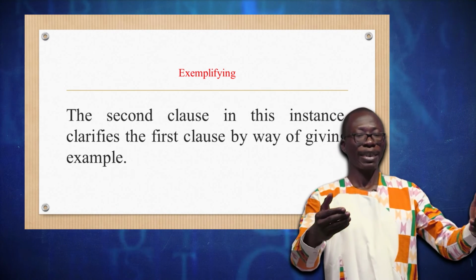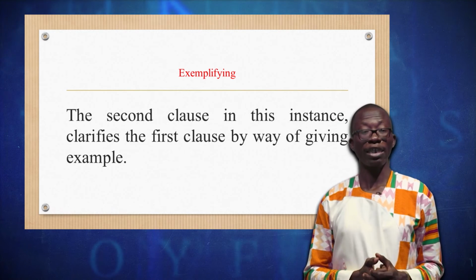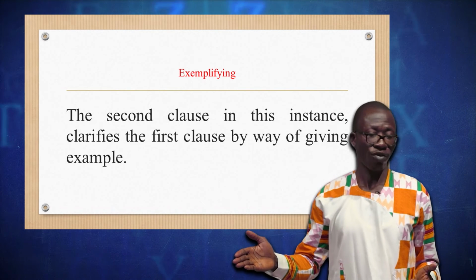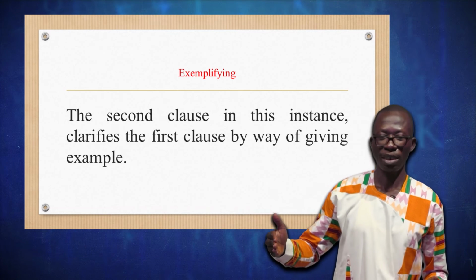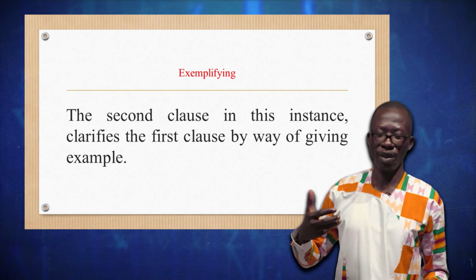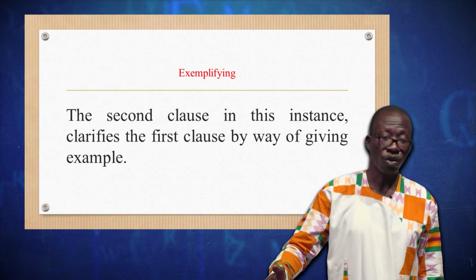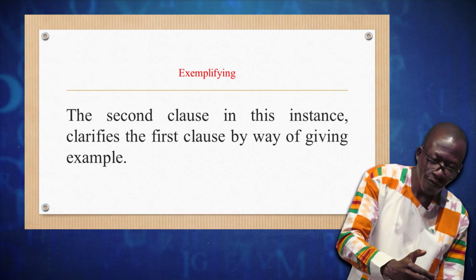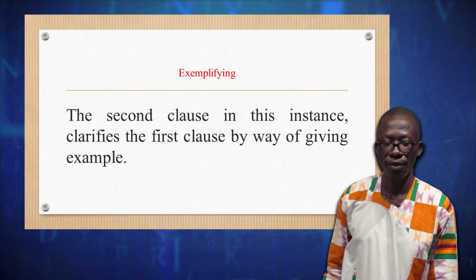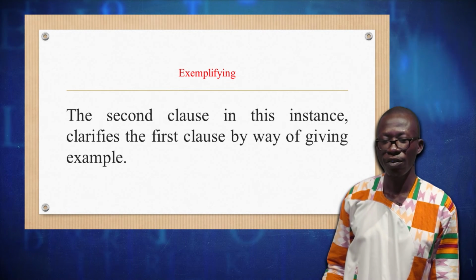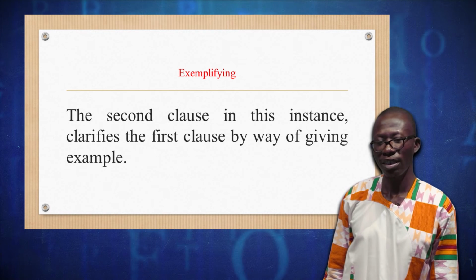So the speaker makes a statement in the first clause, but the statement comes with another information, and that additional information is presenting an example, using an example to make the first clause more clear, to make the first clause clearer than it appears.